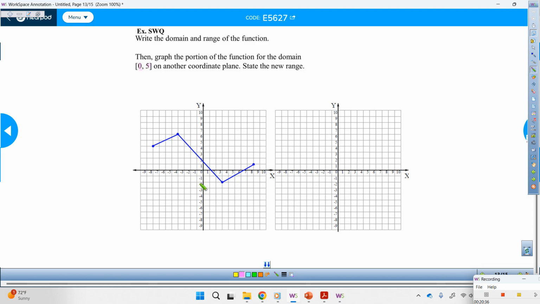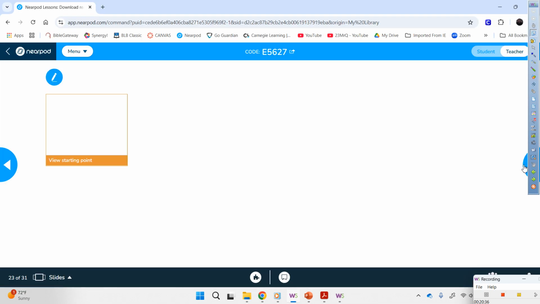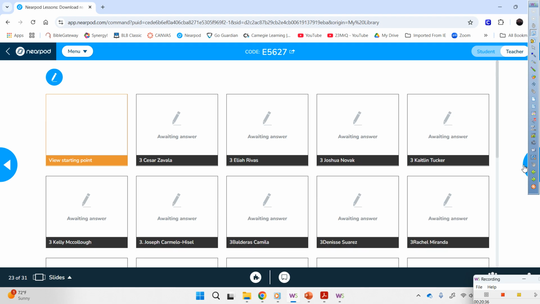From 0 to 5. 0 to positive 5. So graph that portion over here. You're done. Send me your graph. I want to see what you did.